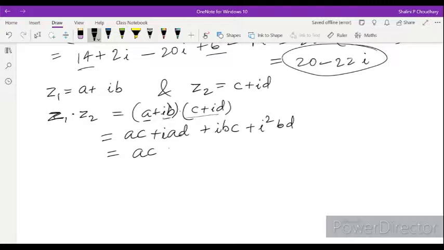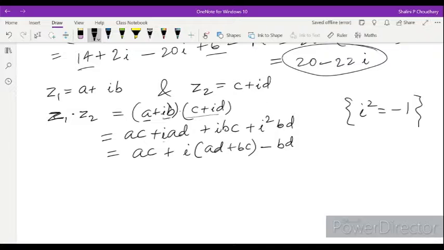So ac plus, these two are i, ad plus bc, and this one will be minus bd. Why? Because i square will be equal to minus 1. So ac minus bd plus i into ad plus bc.